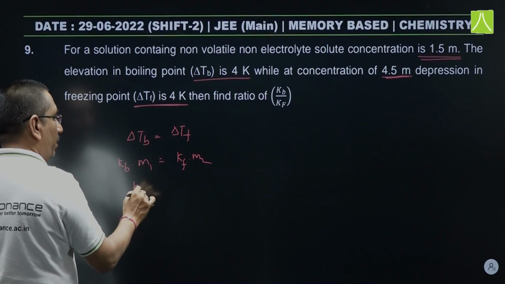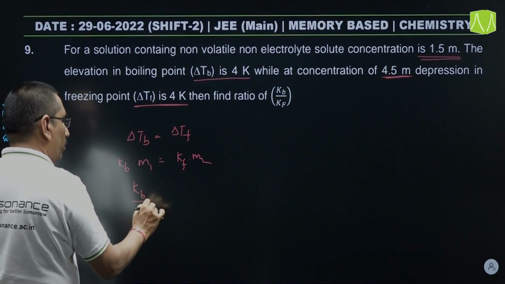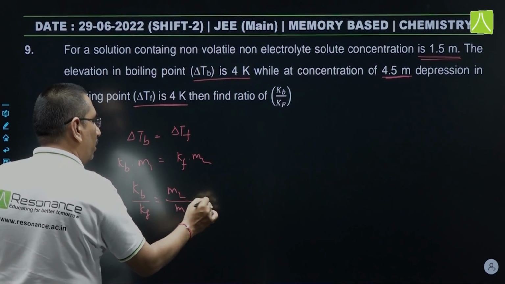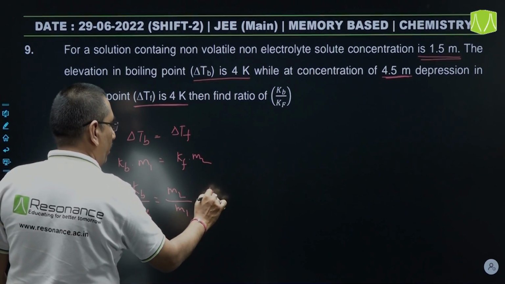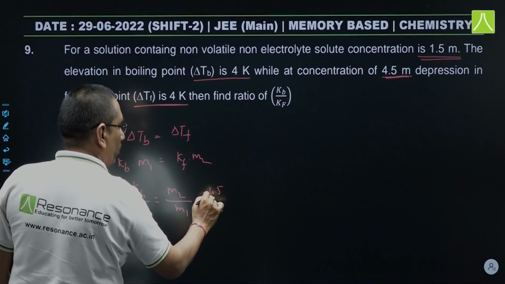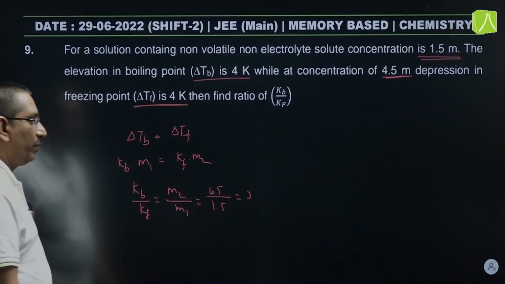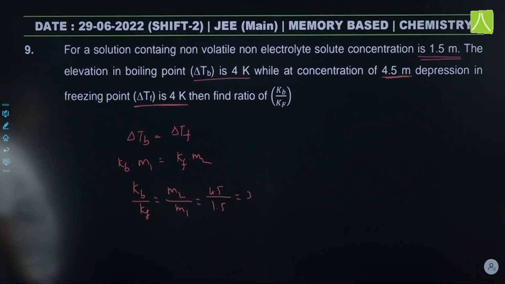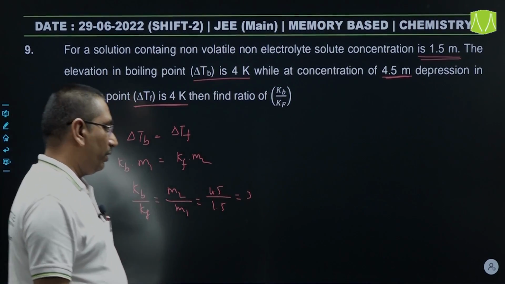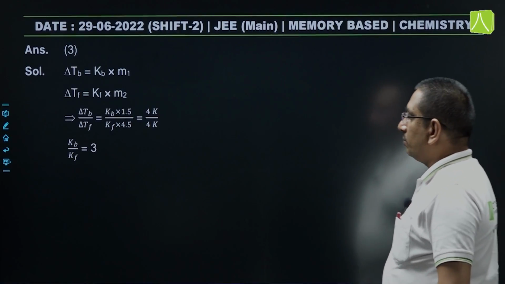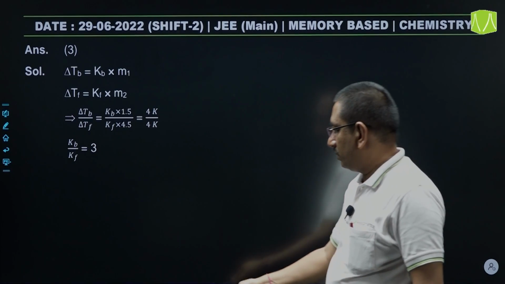Now, we have to find Kb upon Kf ratio, it can be m2 upon m1, it is 4.5 molal upon 1.5, it can be equal to 3. So, the ratio Kb upon Kf equal to 3. Next, this is the solution for this.